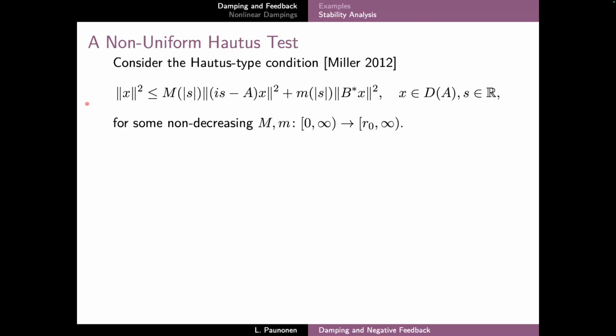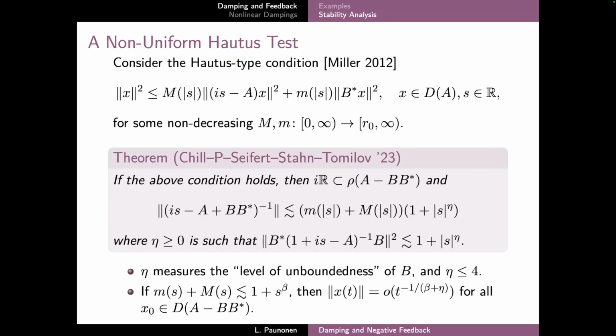And if this condition holds, then we can consider that our operators A and B satisfy this kind of an observability condition. And our main result then is that under this precise condition, we have a resolvent estimate for the operator A minus BB star on the imaginary axis.